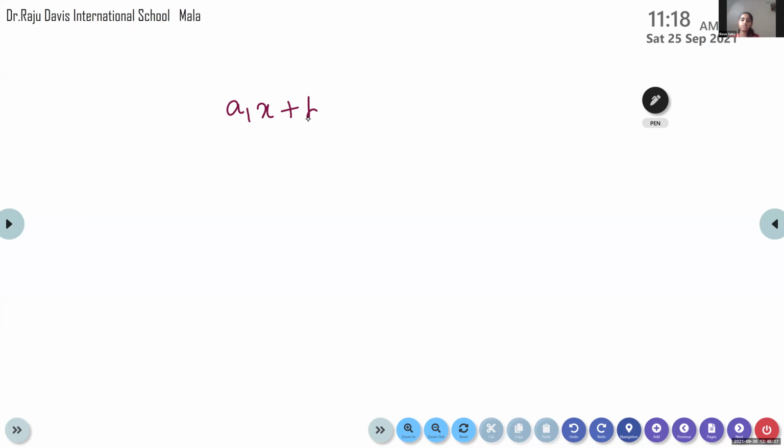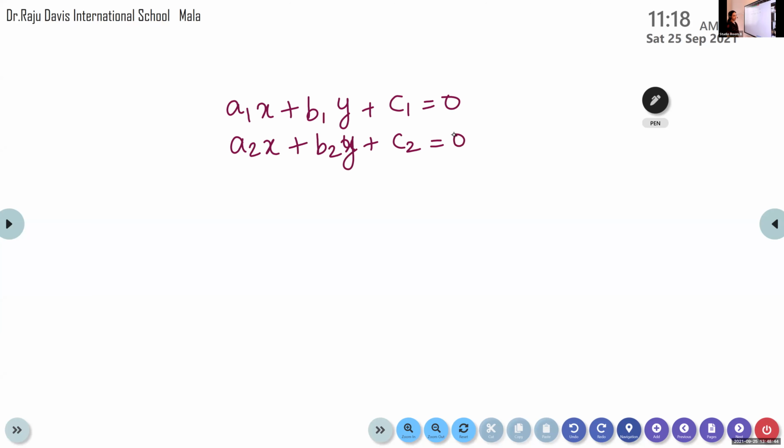So the general form of a pair of linear equations is A1x plus B1y plus C1 is equal to 0 and A2x plus B2y plus C2 is equal to 0, where A1, B1, C1, A2, B2, C2 are real numbers.